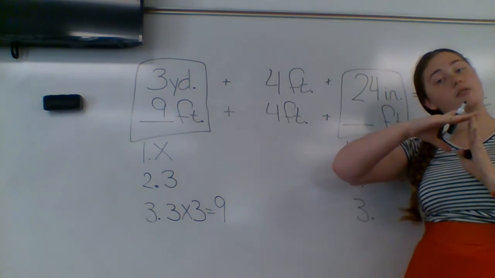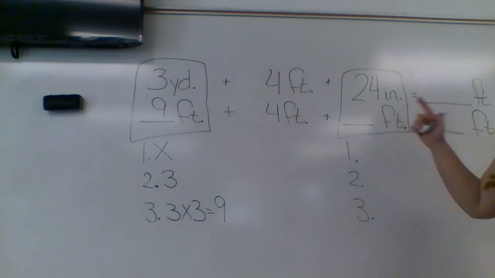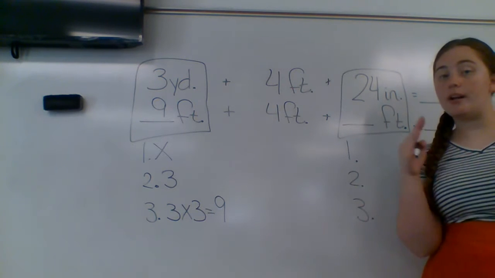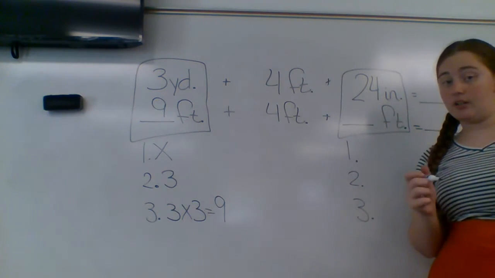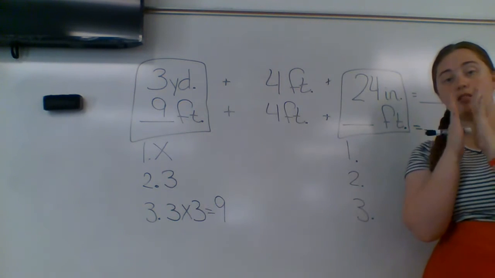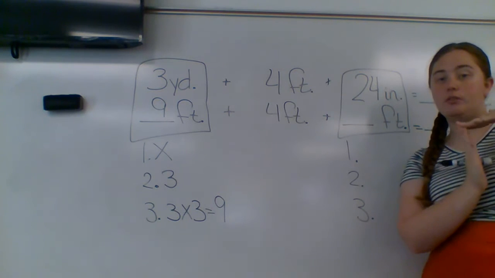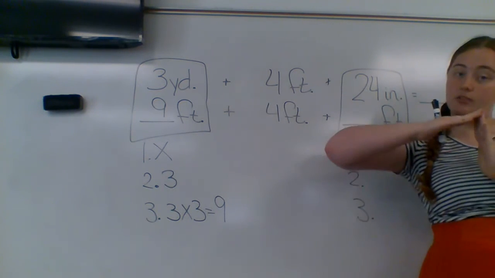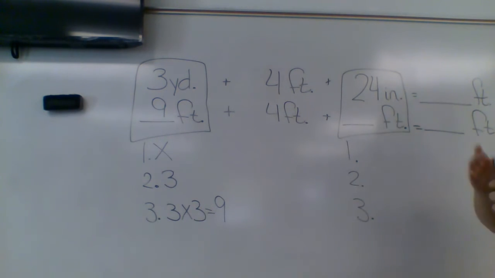Which one are we going to do? We have inches and feet. Which one is bigger, an inch or a foot? Well, a foot is definitely bigger, so I'm going from smaller to larger. It's backwards, but it's okay. So I'm going to divide.